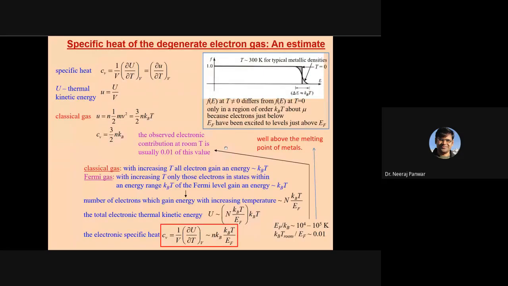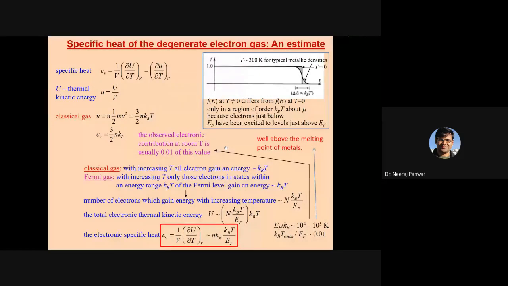So our aim of today's lecture is to calculate the specific heat associated with the electron gas. We have seen that Drude's calculated value was 100 times higher than the experimentally observed value.